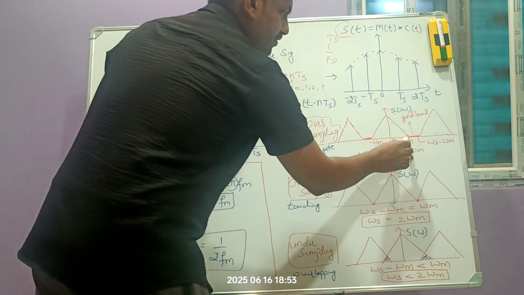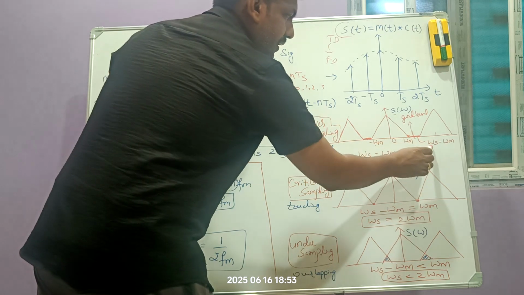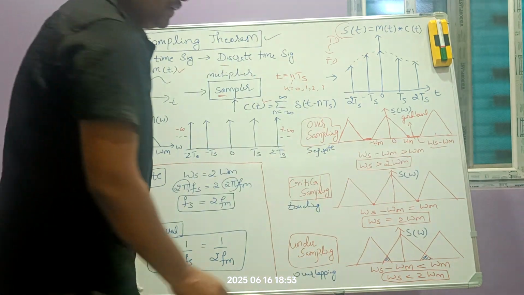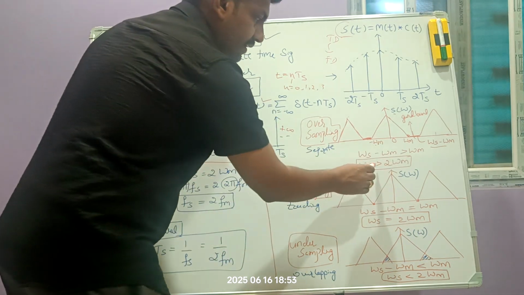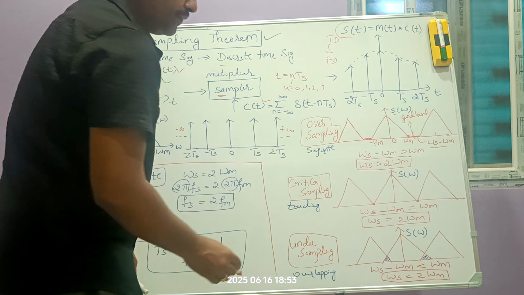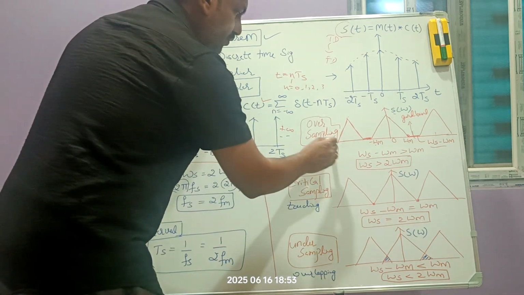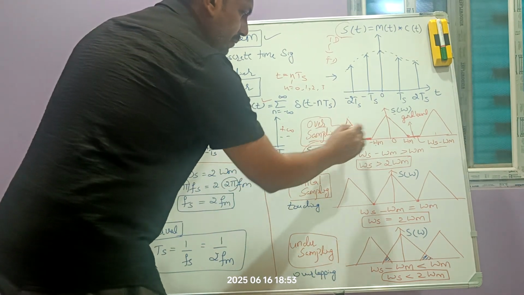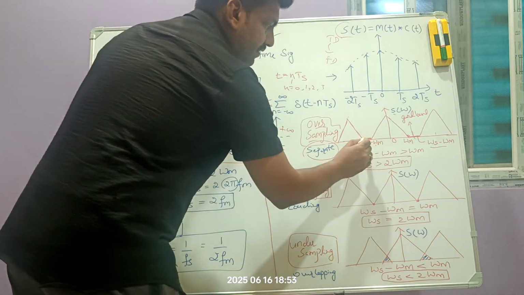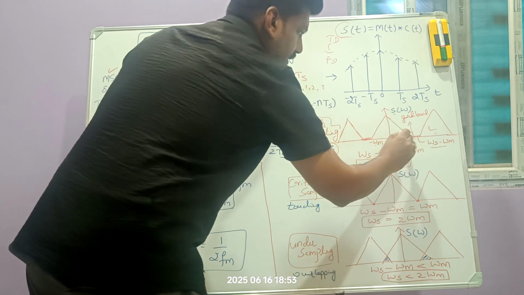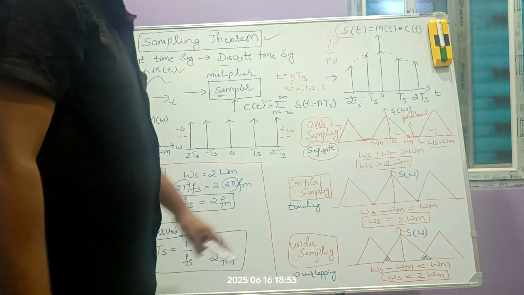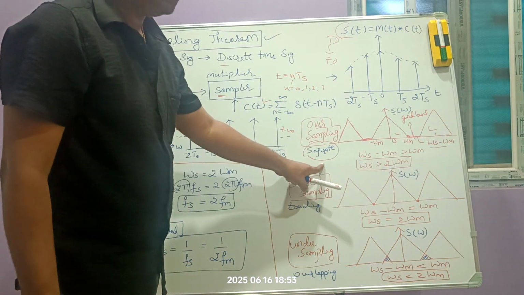You can observe here, this is omega m, and this part is omega s minus omega m. So omega s minus omega m is obviously greater than omega m. So omega s is greater than 2 times omega m. This you can observe in this type of sampling, which is represented by separating this guard band. This is the guard band between the two FDM signals. So we call this oversampling.